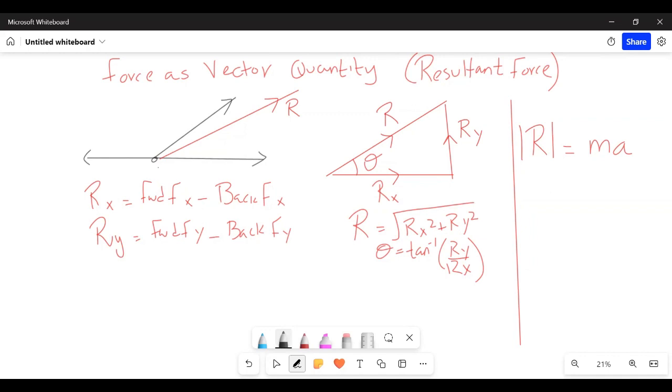Similarly, if on a point, let's say movement is in this direction and there's friction in this direction. And instead of all the forward forces, you know the resultant force. So you can use the formula R, or the magnitude of R. R is actually a vector. It has a magnitude and it has a direction. So that's why instead of just saying R, I'm saying magnitude of R, minus friction equals MA.